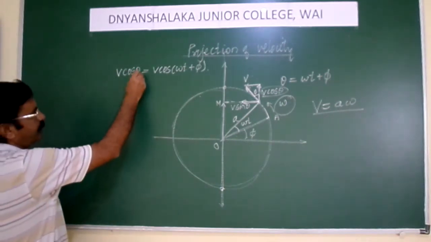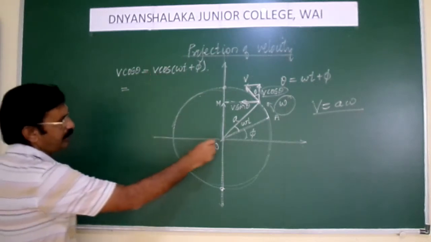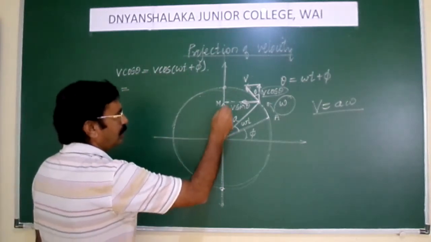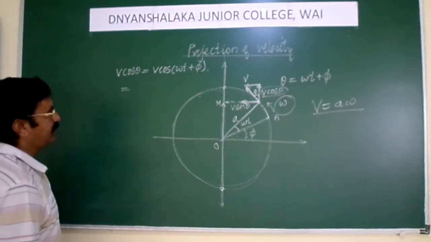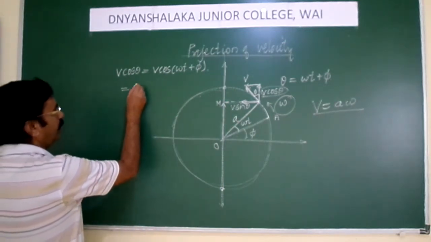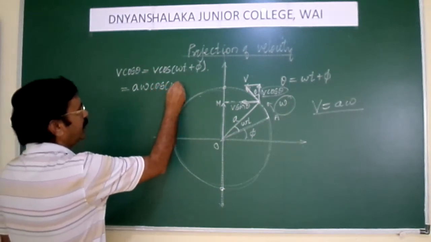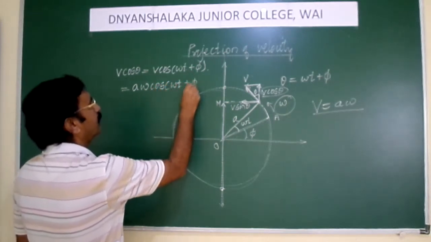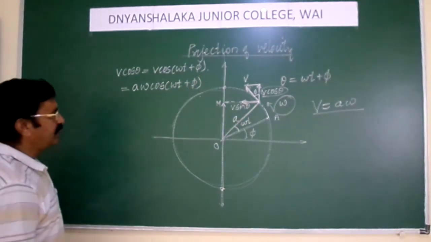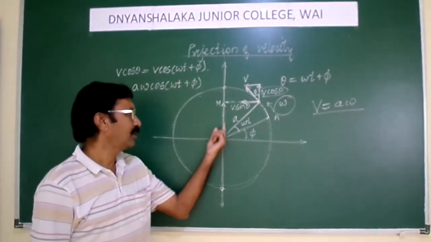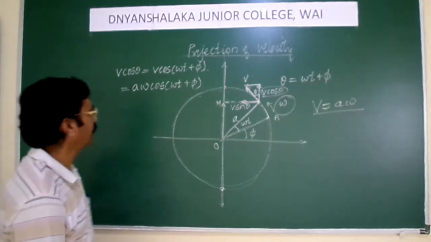And so if we put the value over here, then the projection of the velocity as SHM becomes equal to a omega cos of omega t plus phi. And so this becomes the expression for the velocity in simple harmonic motion.